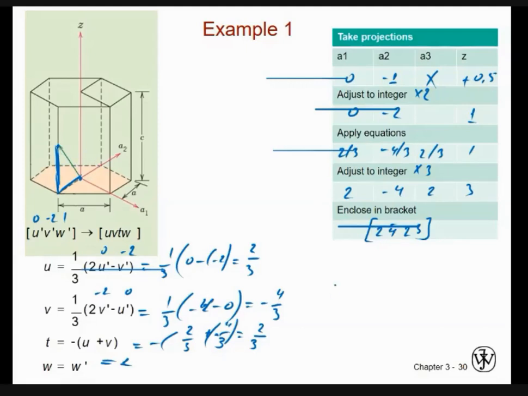A note to take: whenever you find the Miller indices for a vector which has half length, so it's not a full length vector, for example this vector is a full length in terms of the z-axis, but this one is a half, we did it and found that answer. But actually, if you try to draw that vector, you will get something like this.